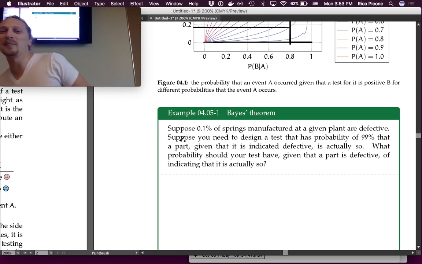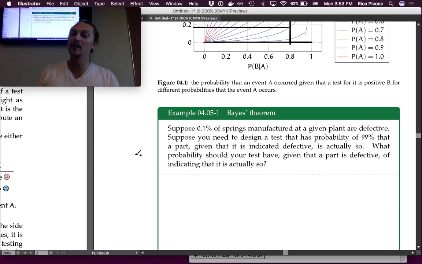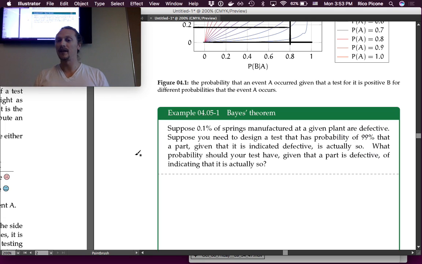So suppose that 0.1% of springs manufactured at a given plant are defective. Suppose you need to design a test that has a probability of 99% that a part, given that it is indicated defective, is actually defective. What probability should your test have, given that a part is defective, of indicating that it is?